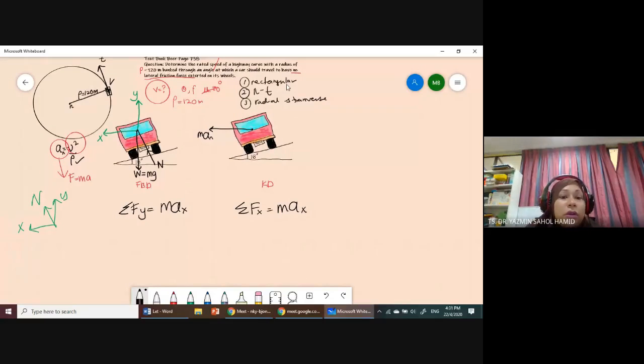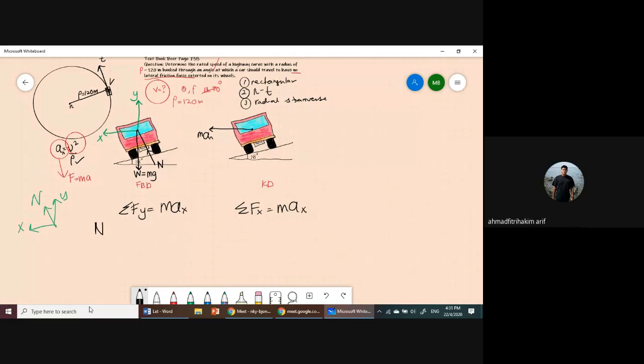Okay. So now I need you to write down the equation for Fy and for Fx. So for Fy, what do you get? You get N cos theta or sin theta? N cos theta, yes, good.